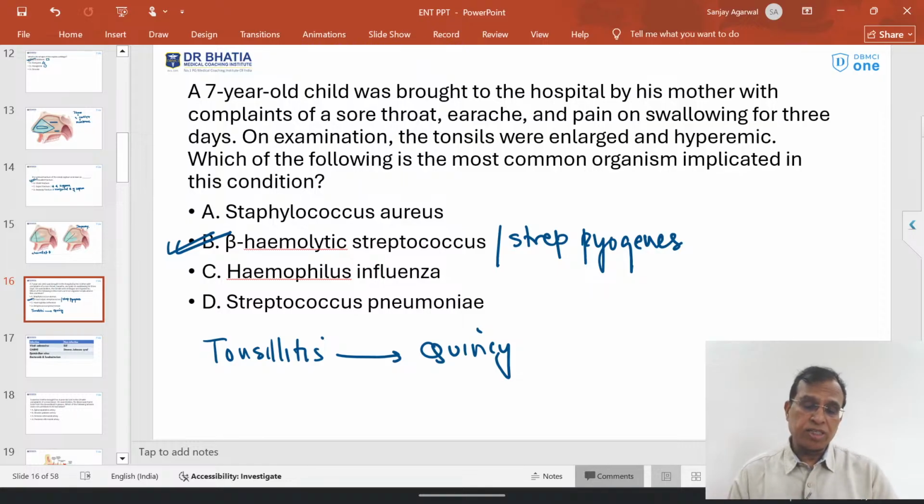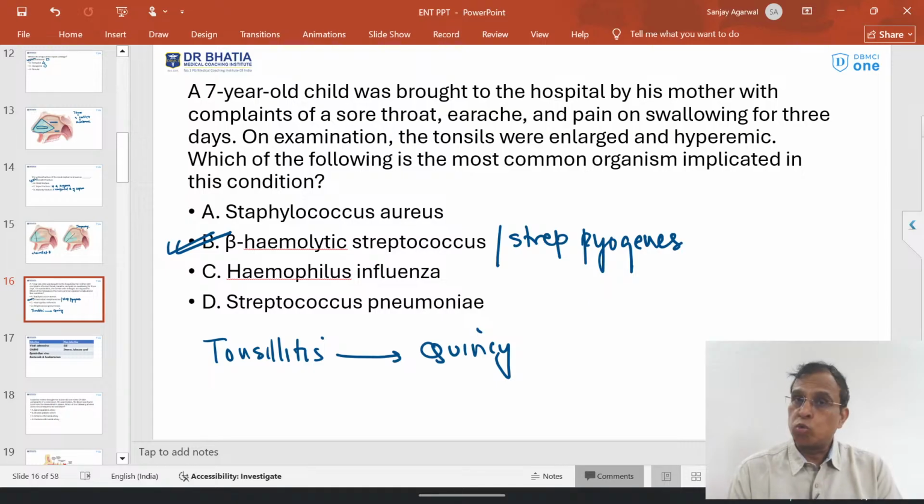Now, they are asking you which is the most common organism implicated in this condition, and we have to pick the answer out of the choices given. इसके बाहर से तो हम आंसर निकाल नहीं सकते, चॉइस में से निकालना पड़ेगा. And the answer that we have given is beta hemolytic streptococcus, है ना. But tell me, is beta hemolytic streptococcus, meaning strep pyogenes, the most common pathogen causing tonsillitis?